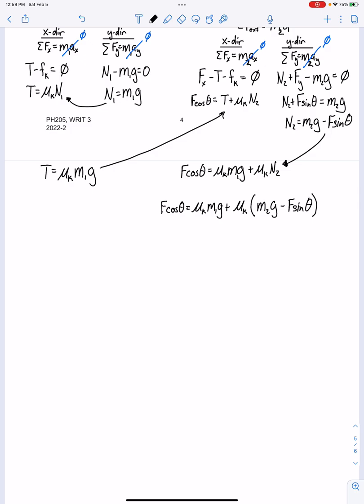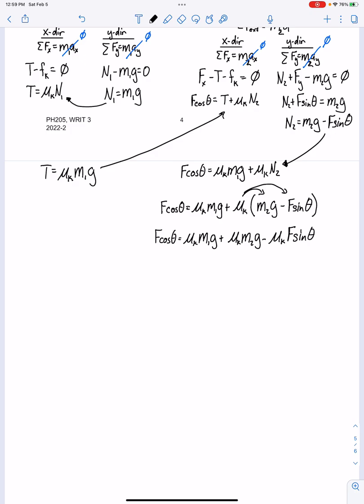So we'll start by multiplying this mu k out using the distributive property, and then we get F cosine theta equals mu sub k times m1g plus mu sub k times m2g minus mu sub k times F times the sine of theta.